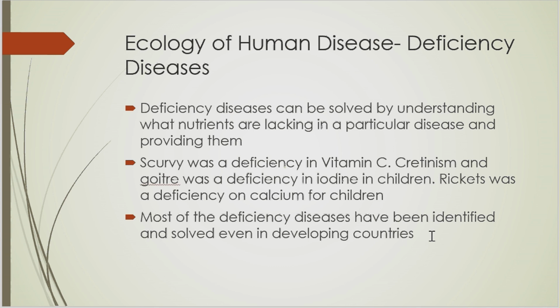So most low-income countries, for instance, would have iodine in milk and in salt, which would reduce and almost eliminate the incidence of cretinism and goiter. Things like scurvy also have been identified and will have been addressed even in low-income countries.